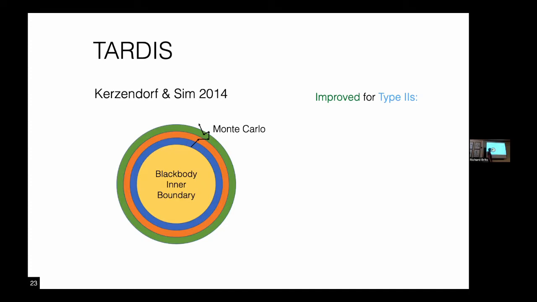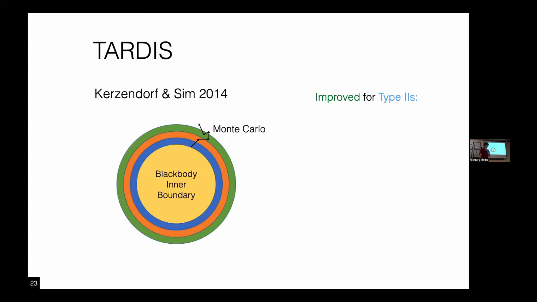At the lower boundary, you're injecting energy packets in a Monte Carlo sense. You follow the Monte Carlo packets through the envelope, through all the processes, and when they are released, they are counted towards the spectrum, and you get your spectrum.